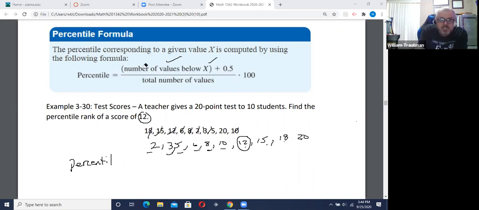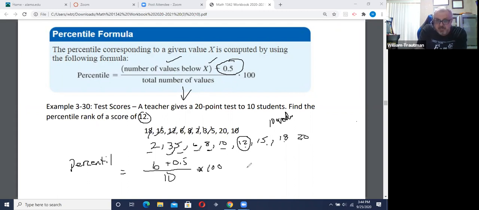So our percentile is the number of scores below 12, and there are 6. Then we have to add 0.5 to it and divide by the total number of values. There are 10 values here. So we divide by 10, and then multiply by 100, by the way. And that's our percentile.